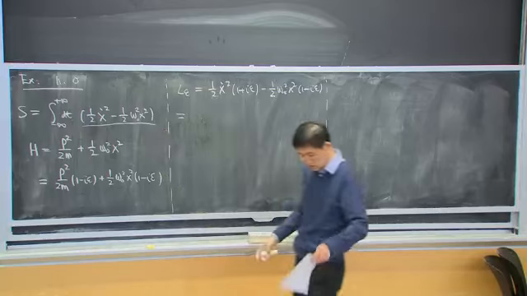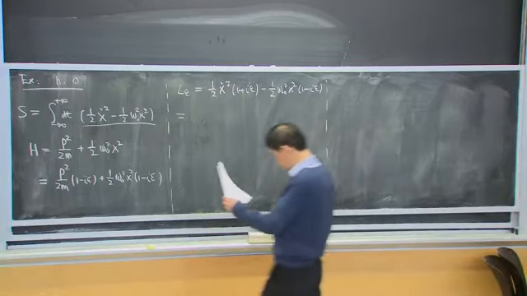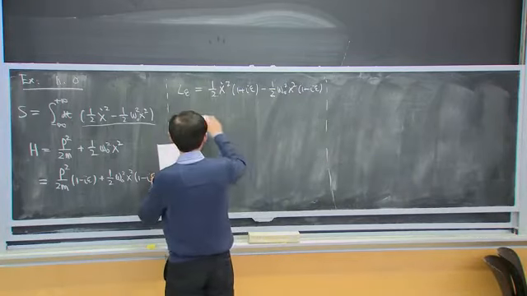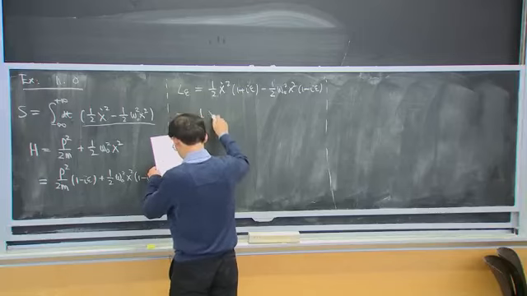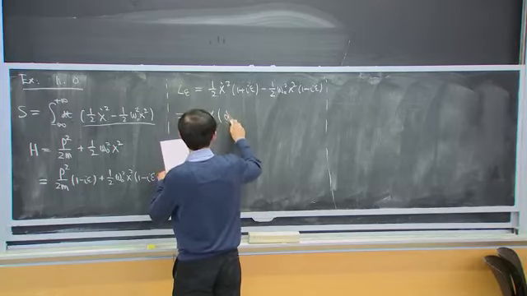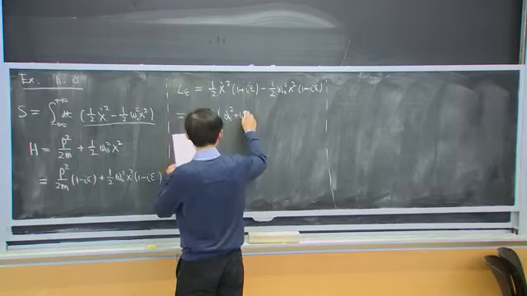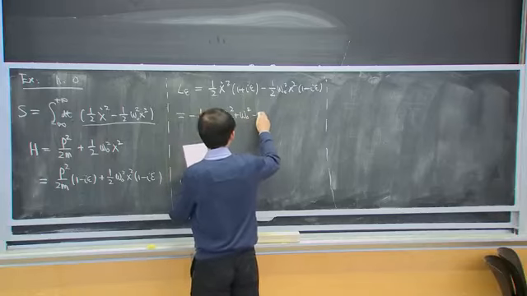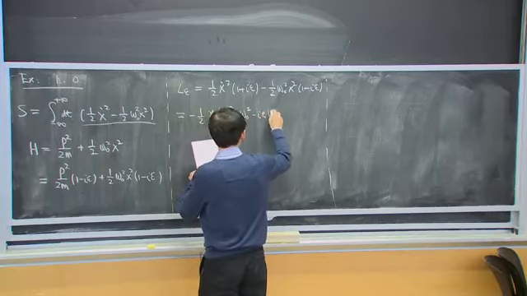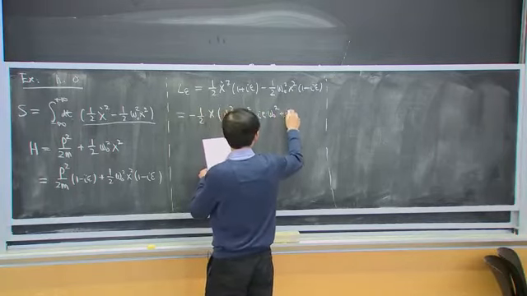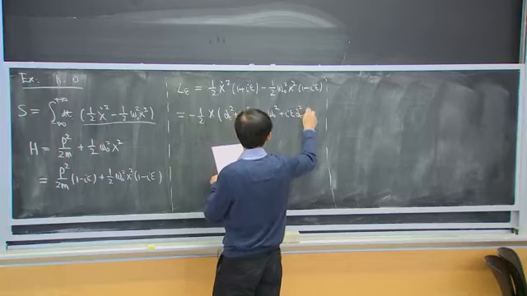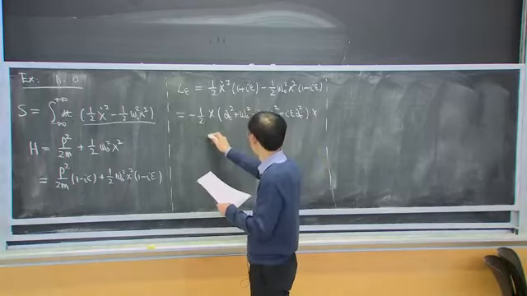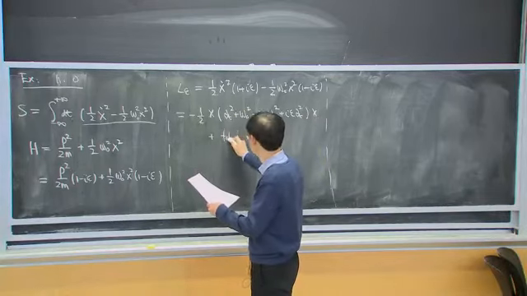So we can do integration by parts to write it as minus 1/2 x times (partial t squared plus omega 0 squared, minus i epsilon omega 0 squared plus i epsilon partial t squared) x, plus a total derivative.